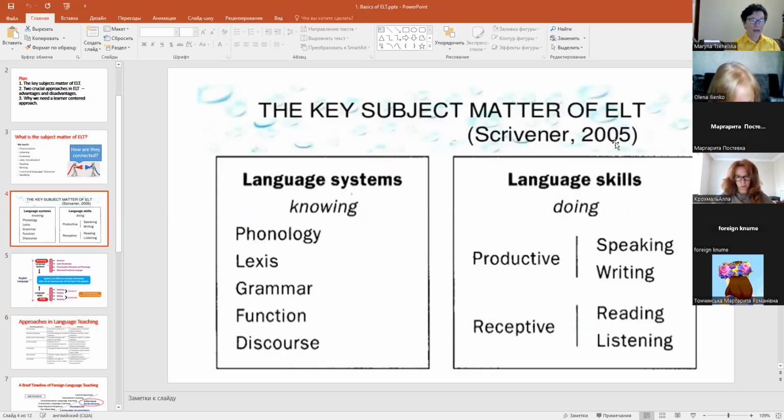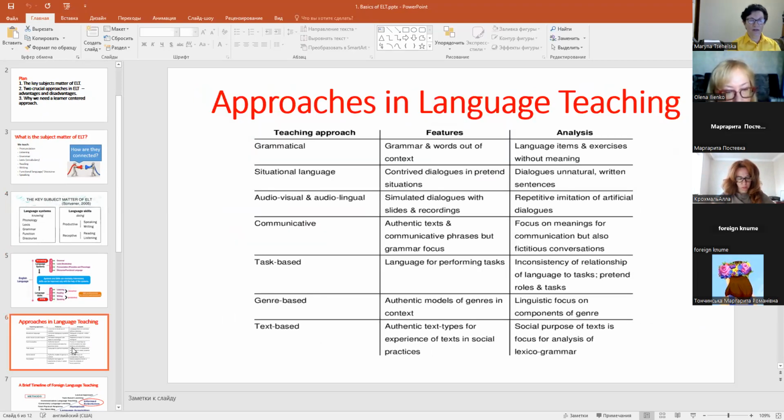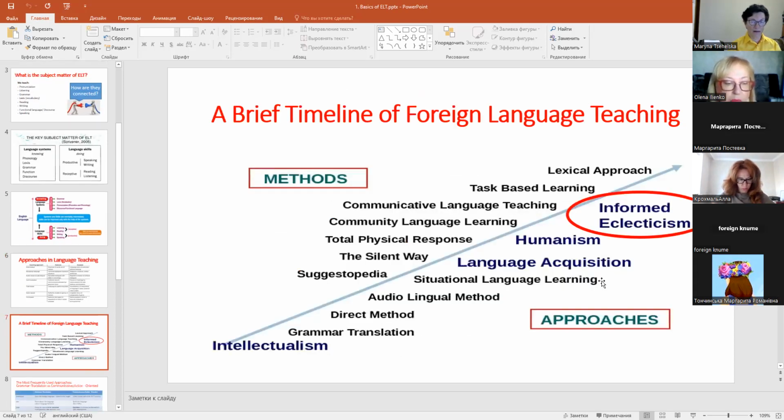Scrivener, as you see, wrote his major works at the beginning of the 2000s, and starting from the 1990s, this approach took over. But before, there were many other teaching approaches, including grammar translation, situational, communicative, which Scrivener's approach is, and many others.